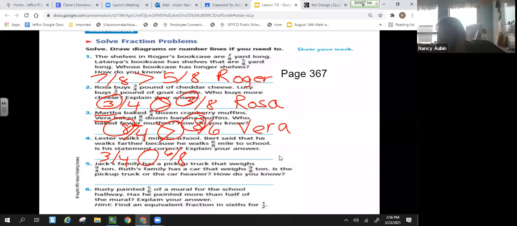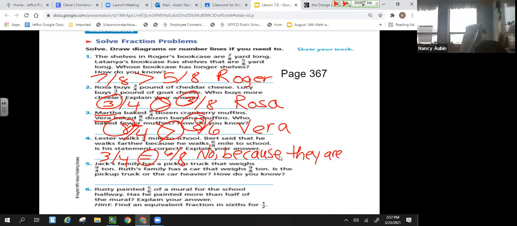So now, how do we answer that question, Lennox? Is his statement correct? No. Because they're the same distance, right? They are the same distance.